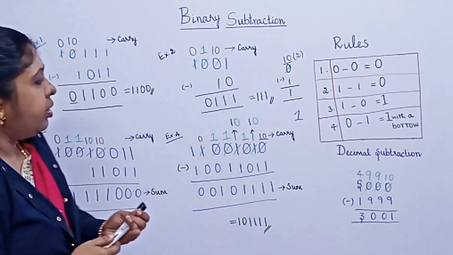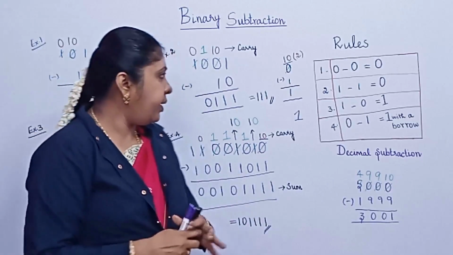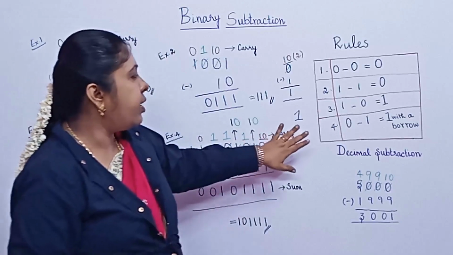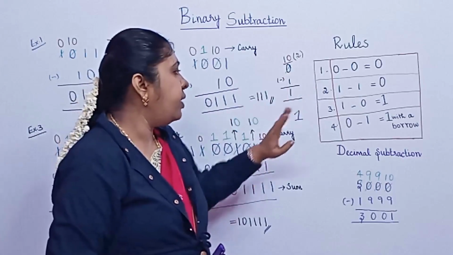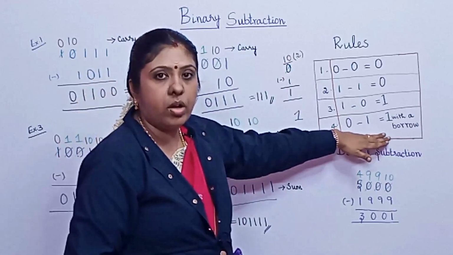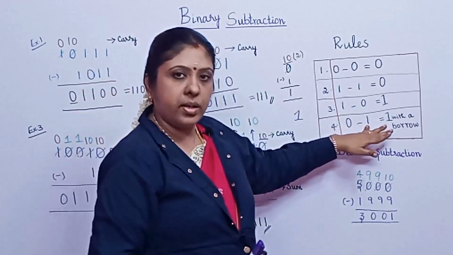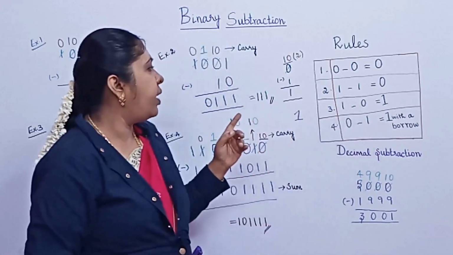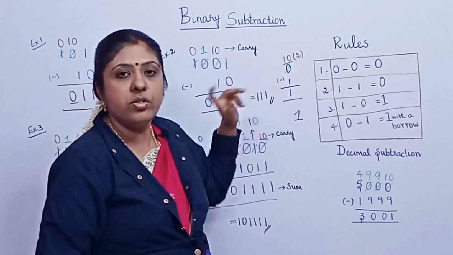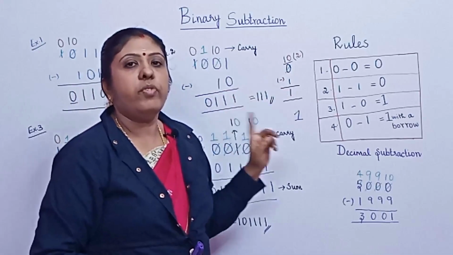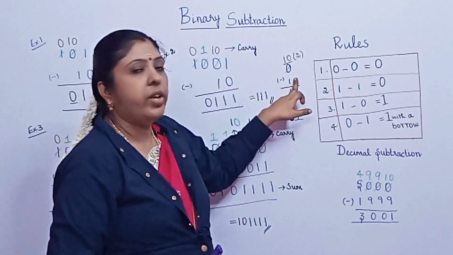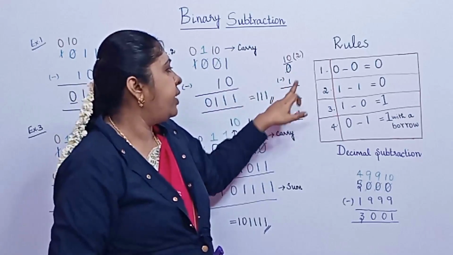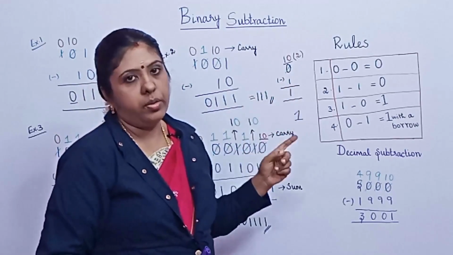Hope you are now clear with the binary subtraction. Just a small recap. The first three rules are common with decimal subtraction. The final rule is 0 minus 1. When 0 minus 1 occurs, we have to borrow a number. After borrowing, this 0 will turn to 10. The decimal value of 10 is 2. So 2 minus 1, when we have a 1 below, it turns to 1.